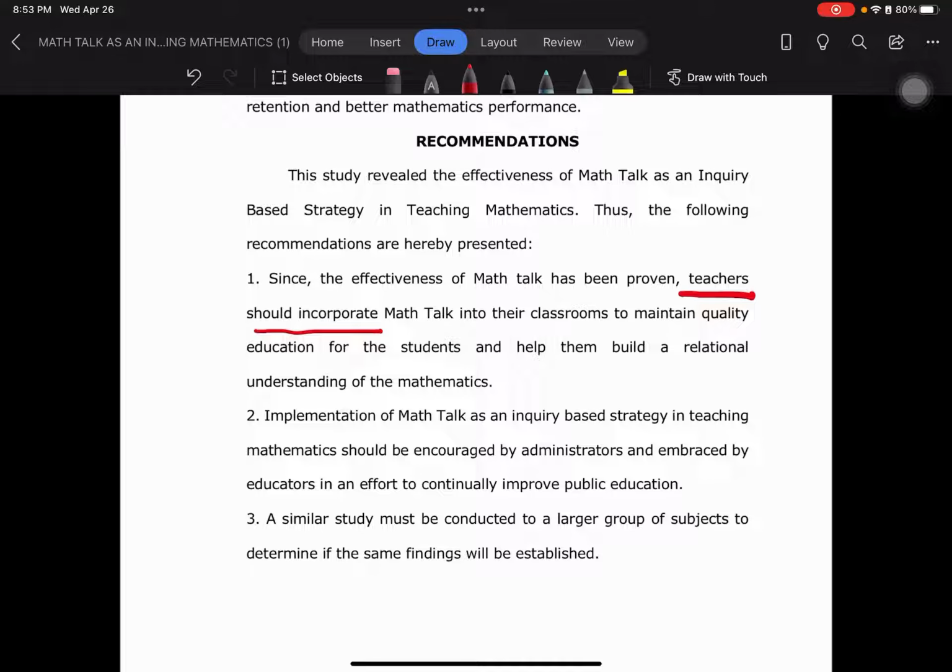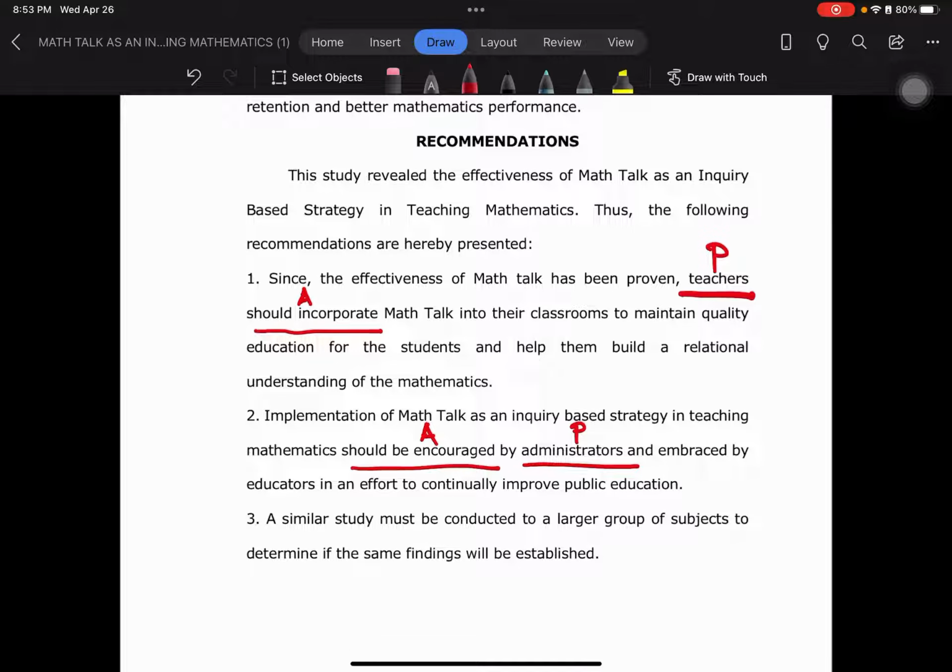Implementation of Math Talk in teaching mathematics should be encouraged. The action. So again, this is the action, and who should encourage? The administrator. Okay? So that we can easily identify the action and the person.